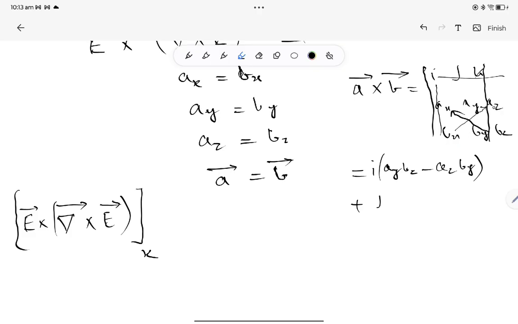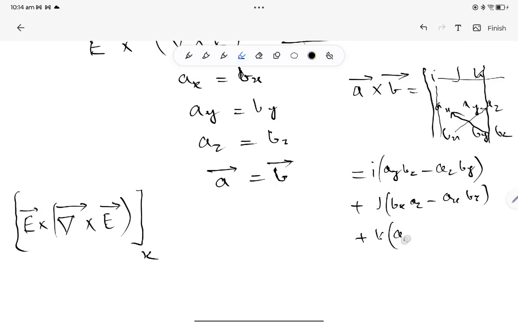So it is bx az minus ax bz, then lastly the kth component is ax by minus ay bx.